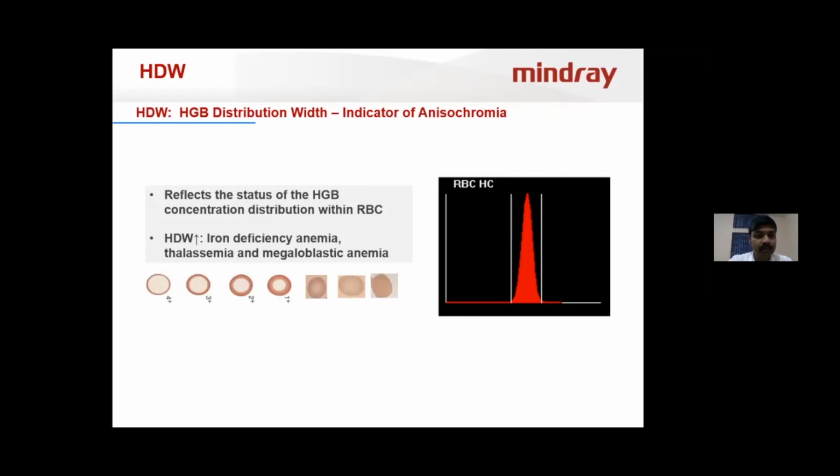So it can be used as a direct parameter for differentiating different kinds of anemia. I have just mentioned this parameter; it is not related to coagulation disorder, but I have mentioned it here because without any additional reagent or additional testing, you are getting these parameters as byproducts. So I have mentioned this for your knowledge.